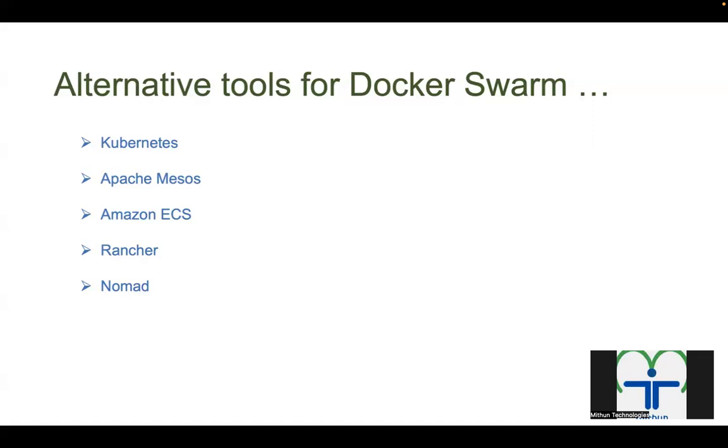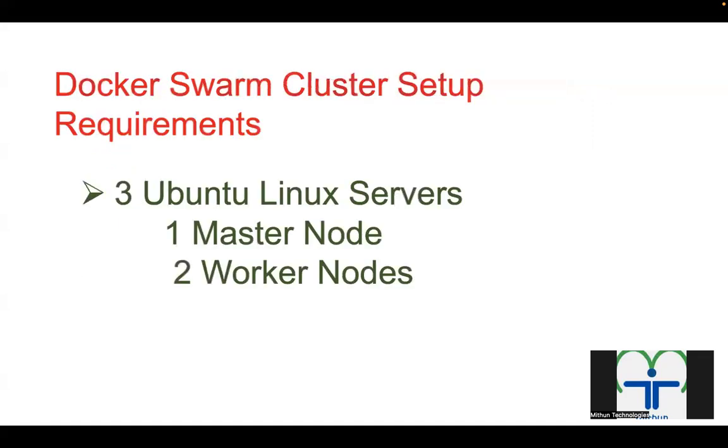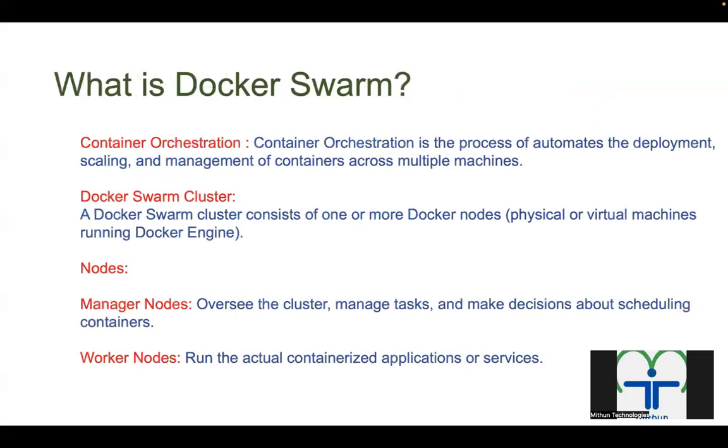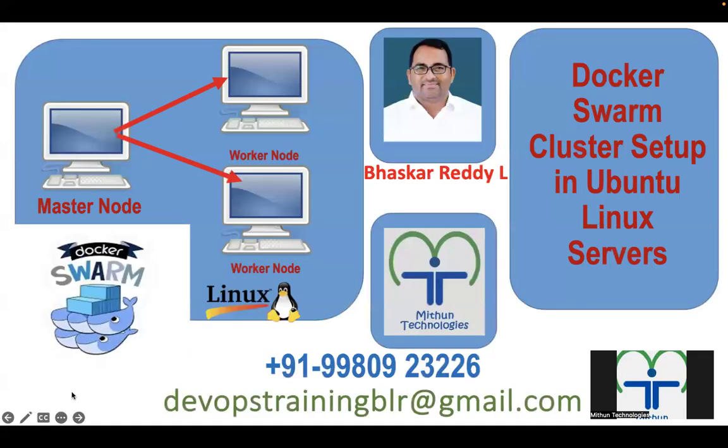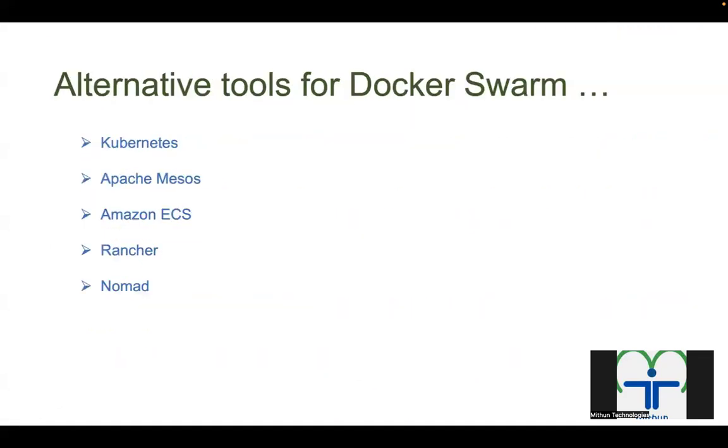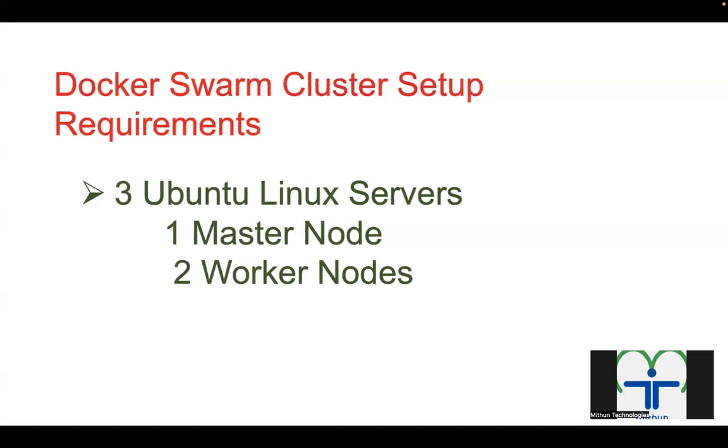Okay, so now we'll discuss the Docker Swarm cluster setup. If you want to implement a Docker Swarm cluster, it's like one master node and two worker nodes. So for this, first we need to launch three Ubuntu machines.